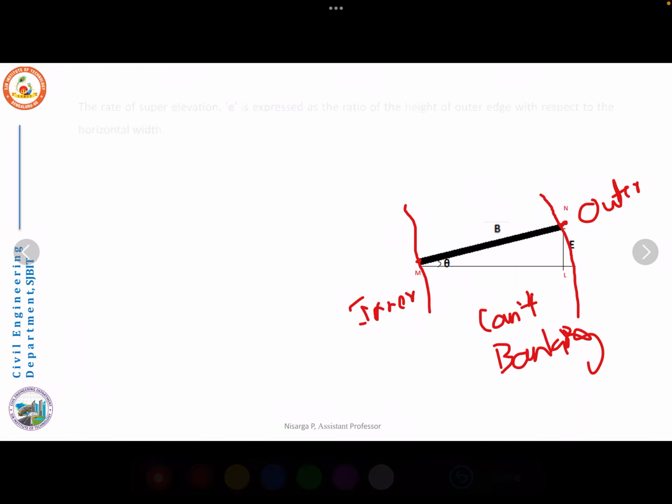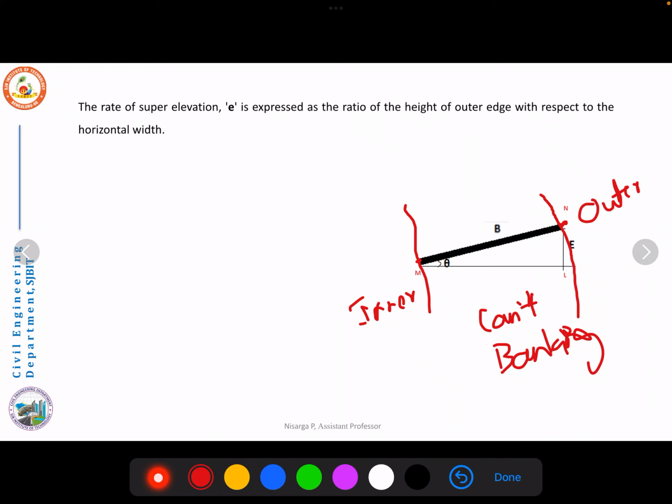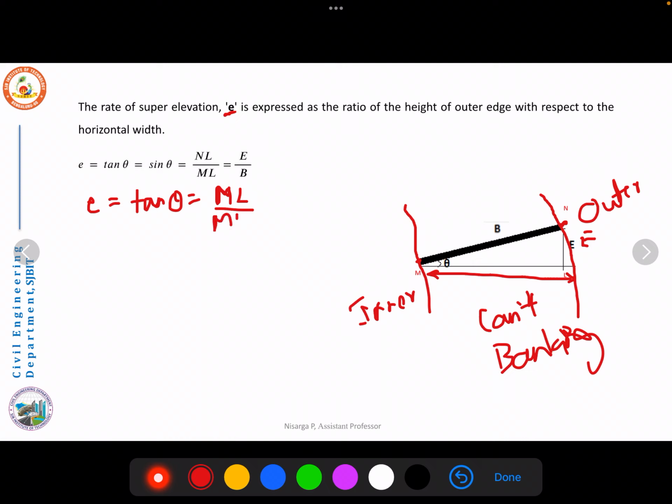The rate of superelevation provided is expressed in terms of E, as the ratio of the height of the outer edge with respect to the horizontal width. In this picture, ML represents the horizontal width. So E, the superelevation, can be taken as tan theta, which is the opposite side NL divided by ML.